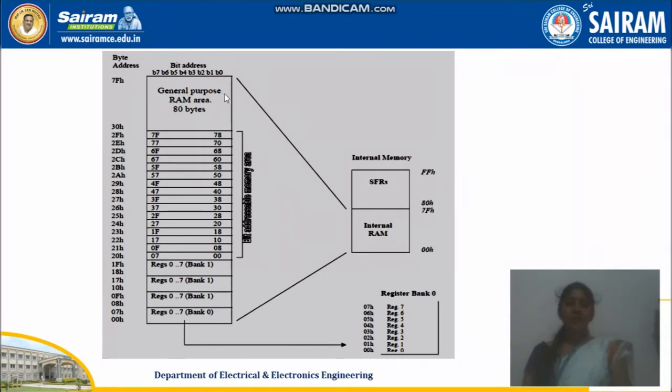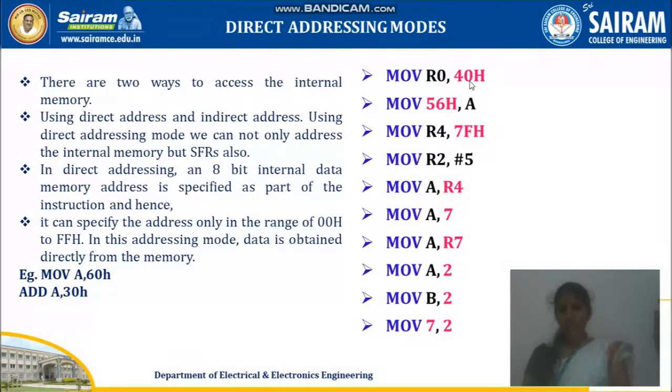Whatever data is available in location 40H will be moved to the R0 register of any of the banks. There are two ways to access internal memory: one is direct addressing and the other is indirect addressing. What I have shown here is direct addressing.